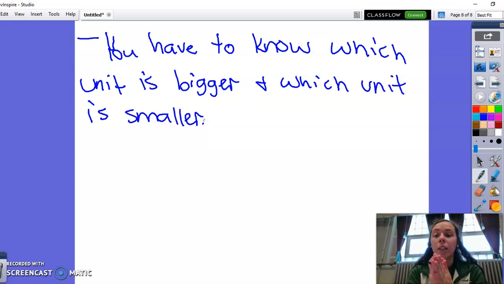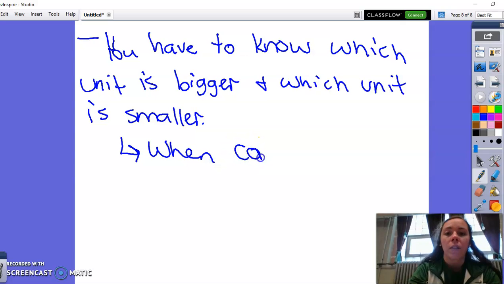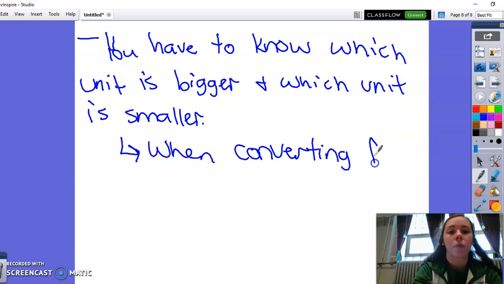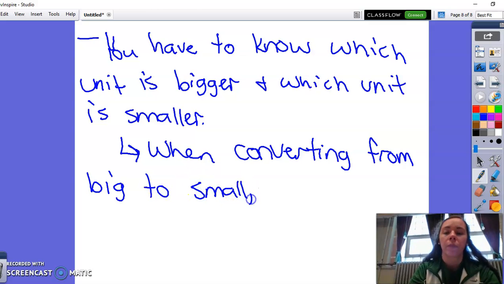And just to see if you remember here, when converting from big to small, what operation do we do when we go from big to small? Do you remember?